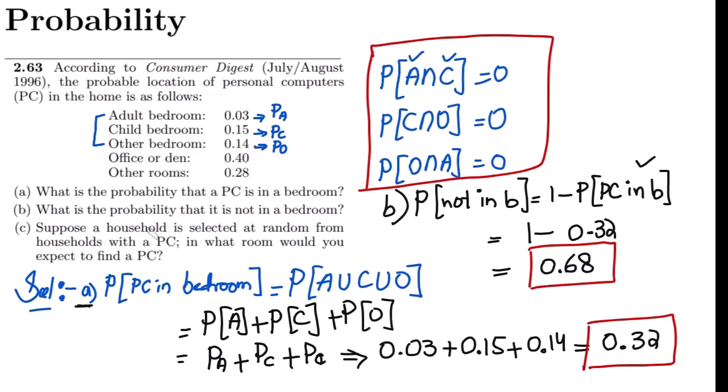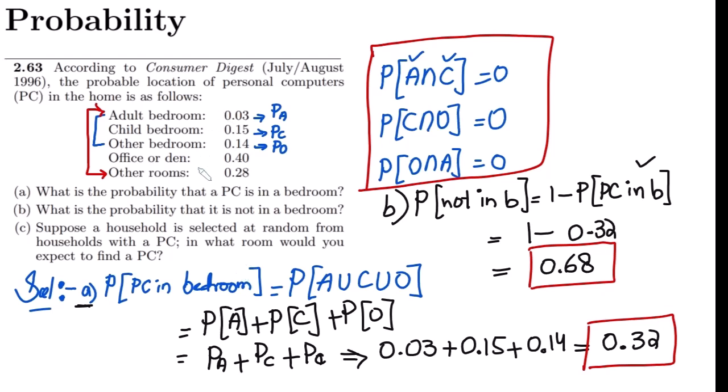Okay. Similarly, for part C, we have to suppose a household is selected at random from the households with a PC. Okay, in what room would you expect to find a PC? So we have the overall data, which is basically given in the form of this table, and these are all the probabilities of the availability of a PC in certain rooms.